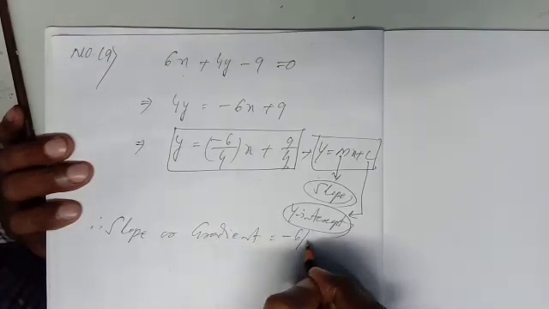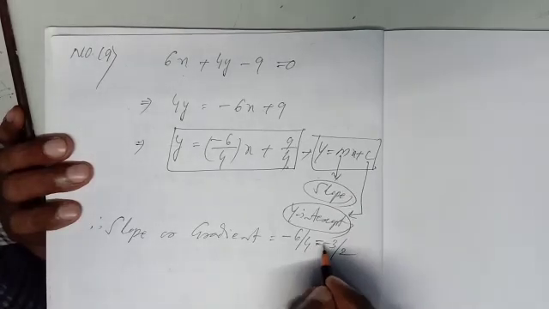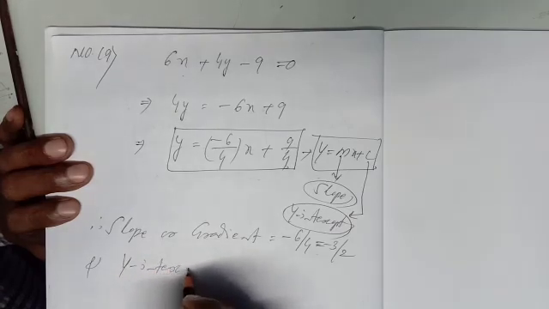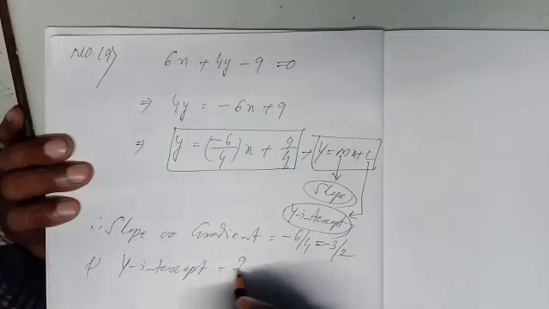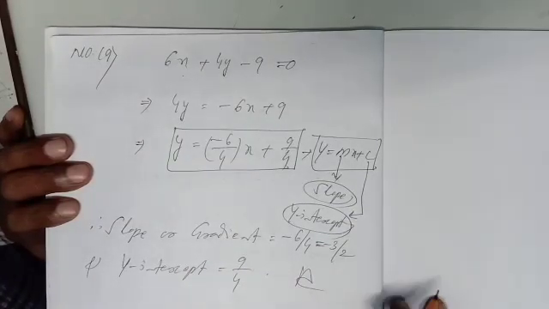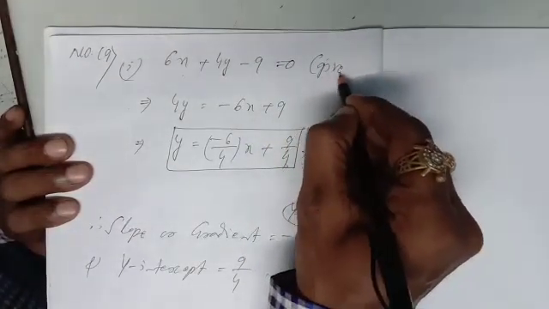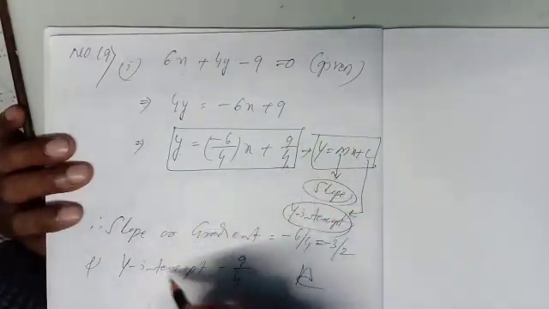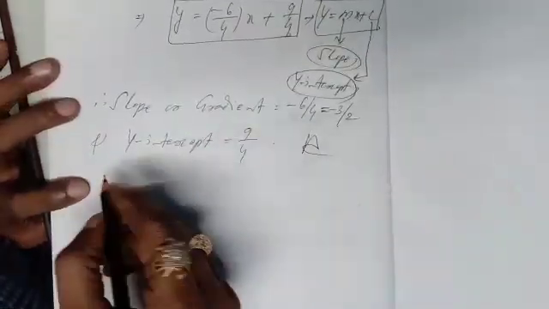Minus 6 by 4, which is equal to minus 3 by 2. The slope of the line is minus 3 by 2, and y-intercept is 9 by 4. So from 19 first part, I think you are able to understand. Equation of line given, and you have to arrange it in proper manner like y equal to mx plus c. From there you find slope or gradient of the line and y-intercept. Okay. Let us see the second part.